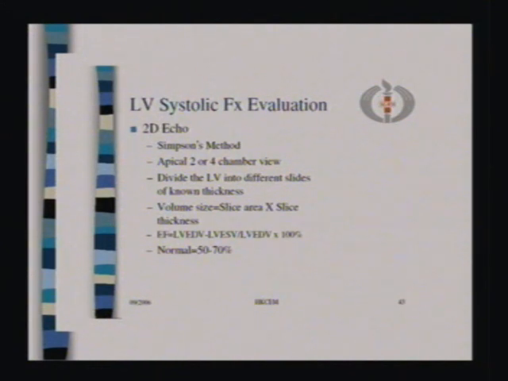It divides the LV into different slices of known thickness, and the volume is equal to slice area into slice thickness. By this you calculate the ejection fraction. You take the end diastolic volume and end systolic volume, and this is the formula which I think everyone knows: the left ventricular end diastolic volume minus the left ventricular end systolic volume, divided by the left ventricular end diastolic volume, times 100%, gives you the ejection fraction.